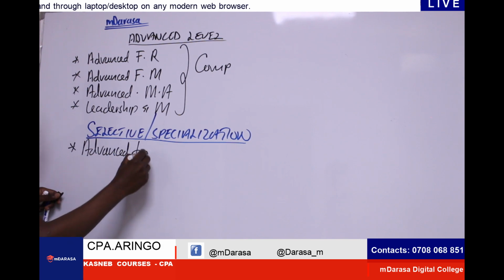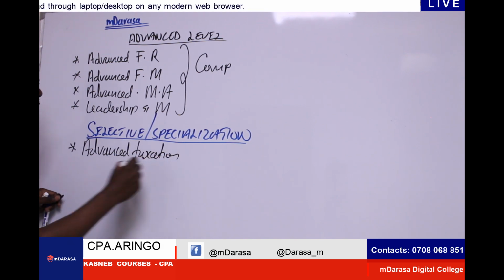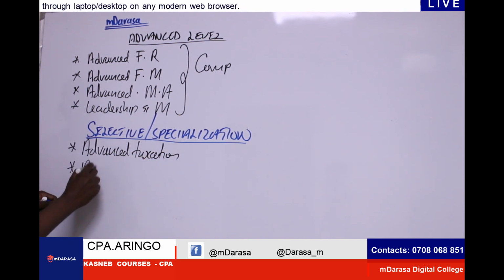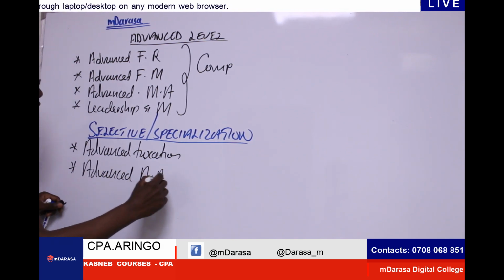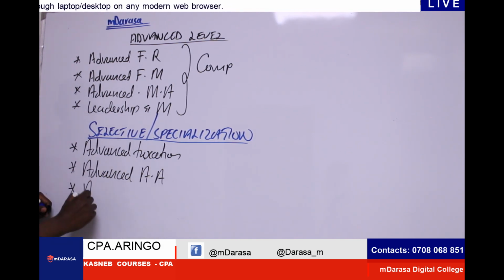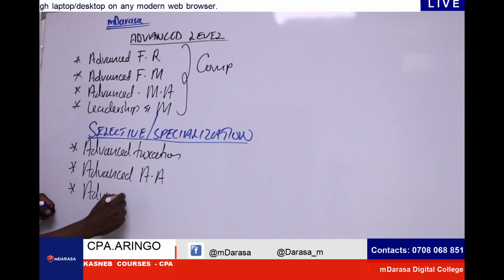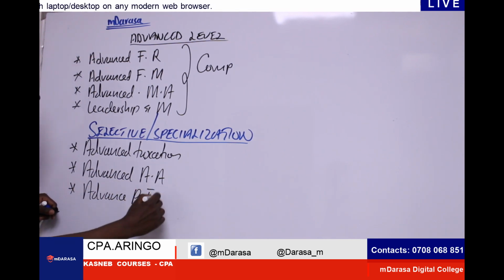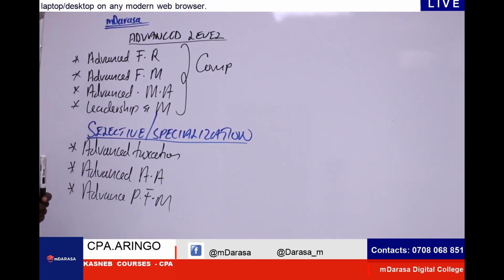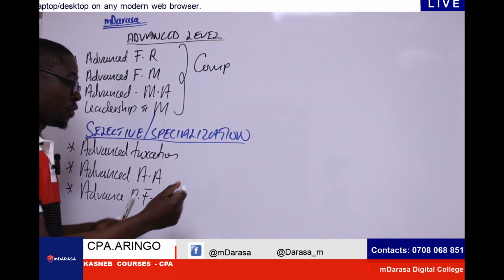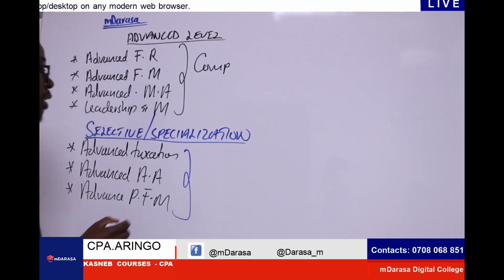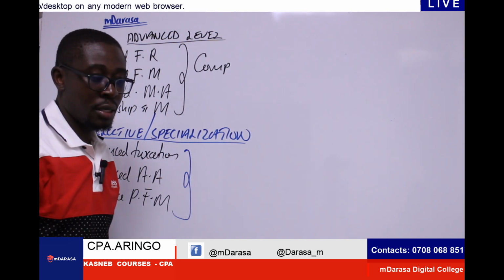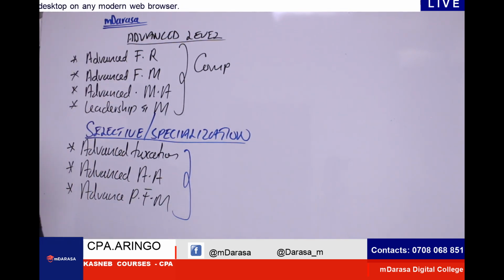We have advanced auditing and assurance. And also we have advanced public financial management. Of these selective or specialization papers, you will be required to do either one or two papers.